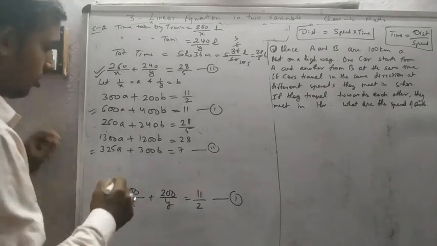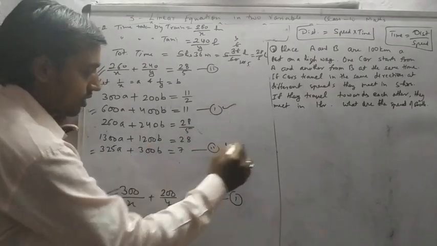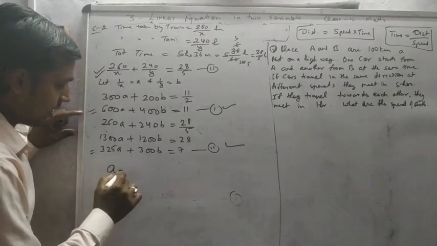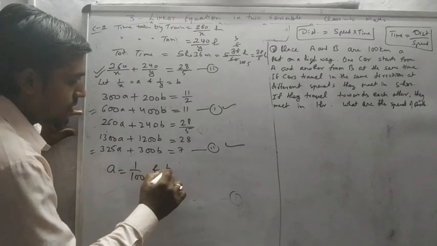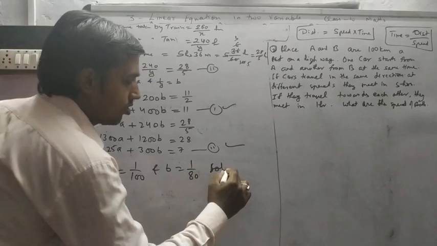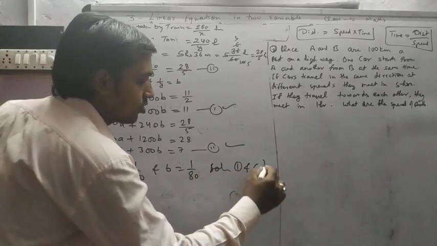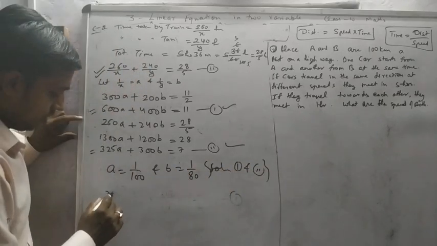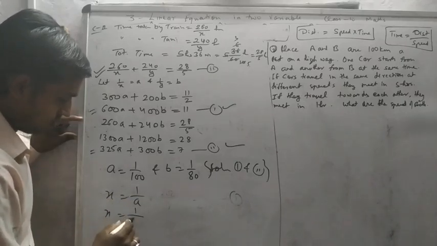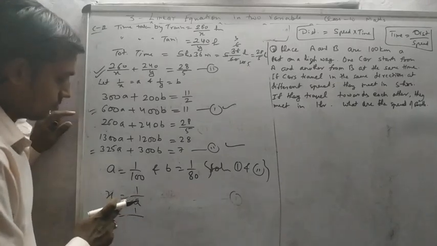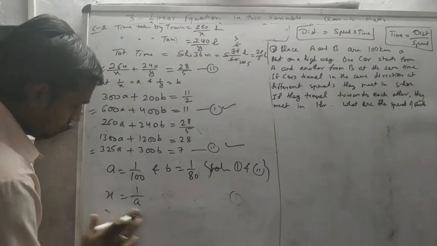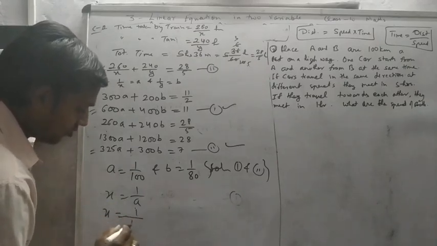So after solving these two equations, you get the value of a is equal to 1 upon 100 and b is equal to 1 upon 80. Solving 1 and 2, x is equal to 1 upon a, so x is equal to 1 upon 1 upon 100.